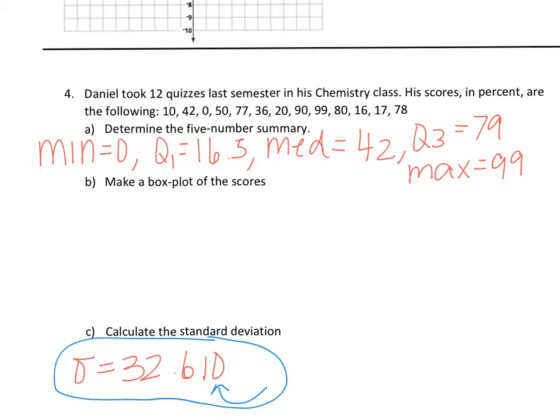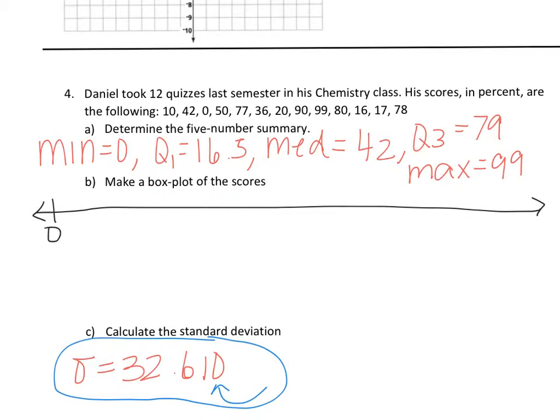Next, we're going to make a box plot in step B, and to make your box plot, you need to use the 5-number summary in step A. So to start, we're going to make a number line that includes your minimum and your maximum. So I have to start at 0 and end at 99.